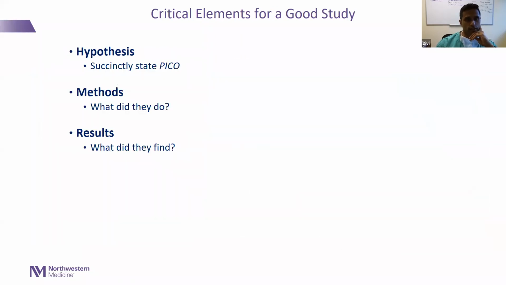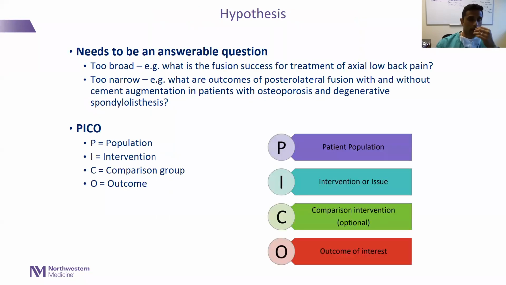So we go into the critical elements of a good study. We'll talk about the hypothesis, where we succinctly state the PICO, and we'll go into what that is. Then we also need to critically analyze the methods of the study and then the results of the study. What did they find? The PICO, as you might have heard, refers to population, intervention, comparison group, and outcome.